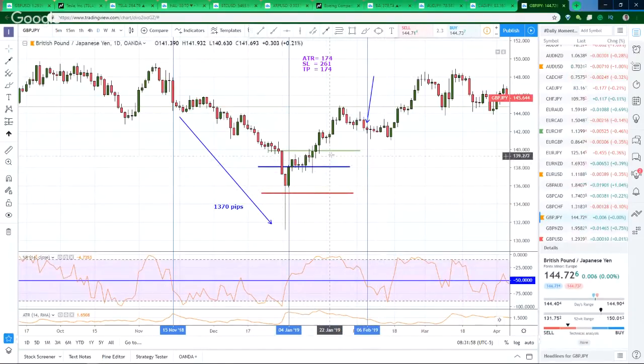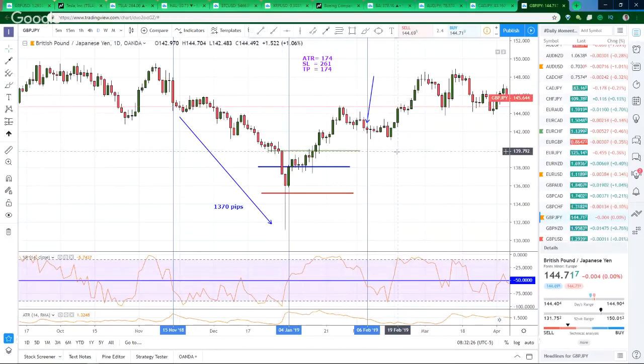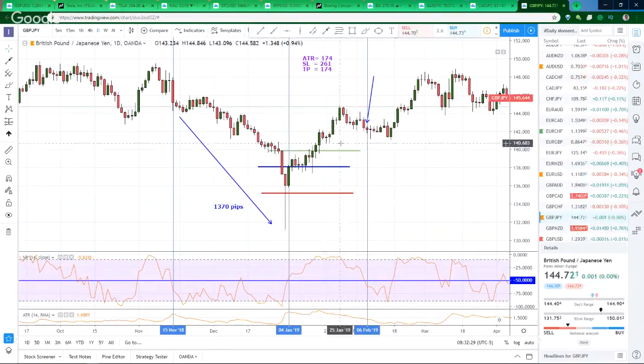If this pops to my target here, then I've made 0.67% because my target is 2/3 of my stop loss. And my second half is break even. If I have a win ratio of about 70% using this strategy, then I'm going to be break even.